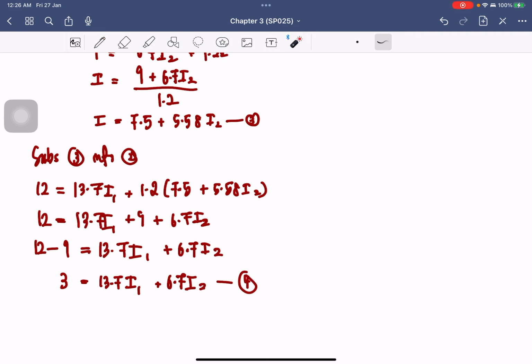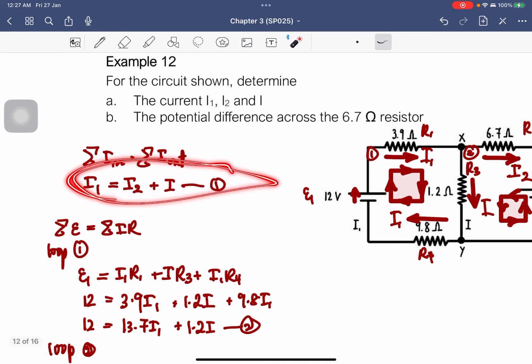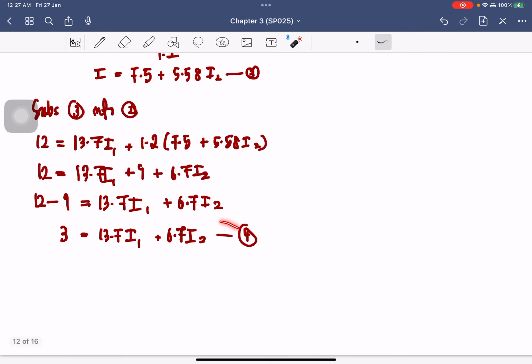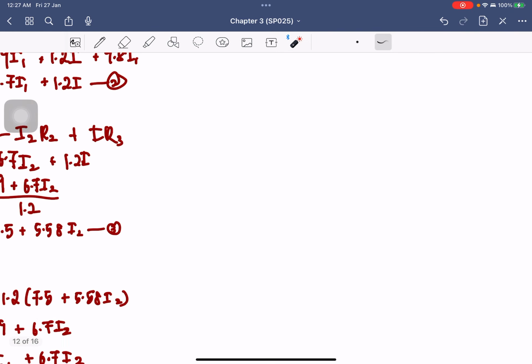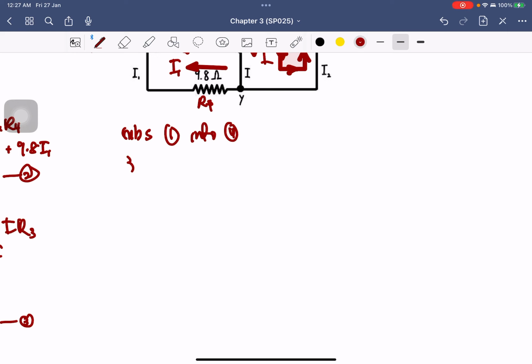So if you look at here, there are still 2 unknowns. So what you can do is substitute the first equation that we've created into this equation here so that we get only 1 unknown. So you can substitute 1 into 4. Okay? So it's going to be 3 times 13.7 I plus I2 plus 6.7 I2.